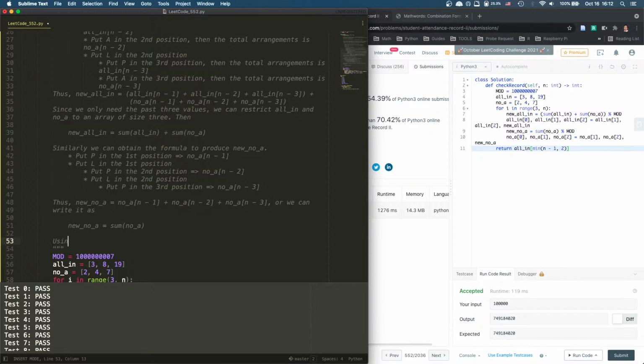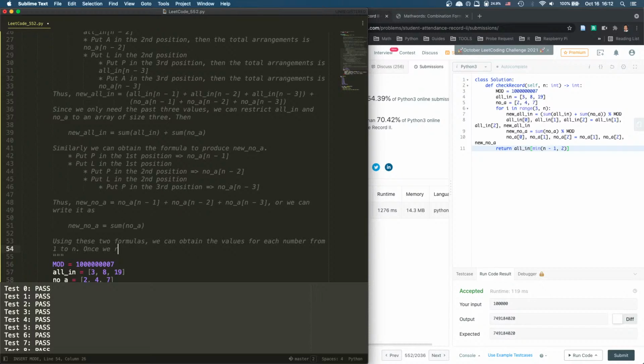So using these two formulas, we can obtain the value for each number from 1 to n.